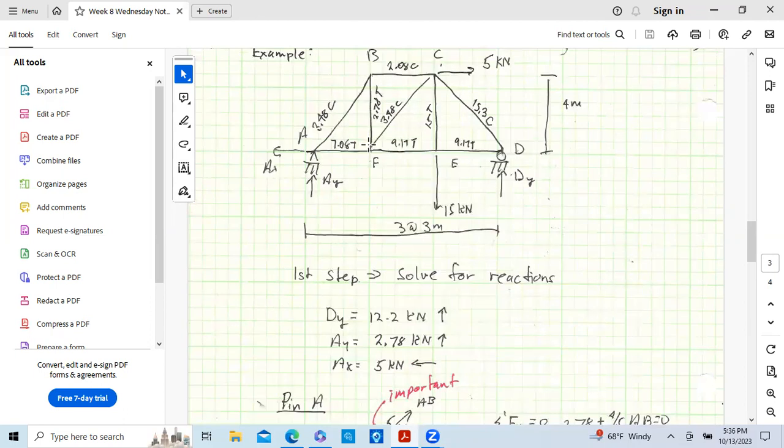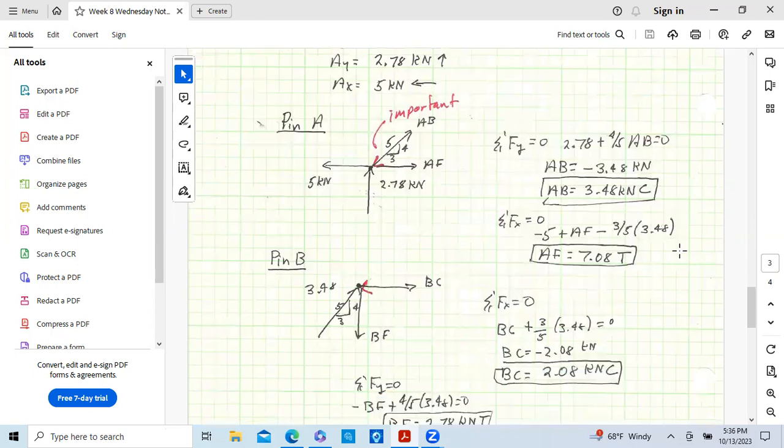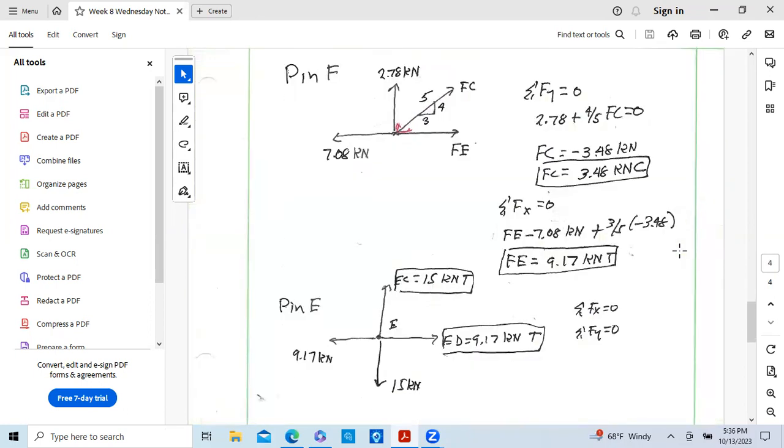There's too much going on elsewhere, so I'm going to go down to F. That's the logic on how you do this. So pin F, we have 1, 2, 3 forces, 2 unknowns. Won't have more than 2 unknowns. Just use sum of forces in the X and sum of forces in the Y. So here is pin F.